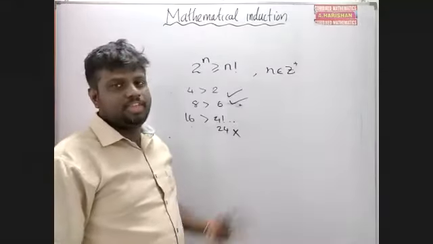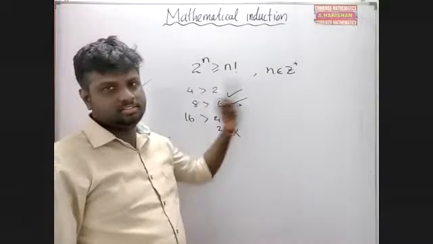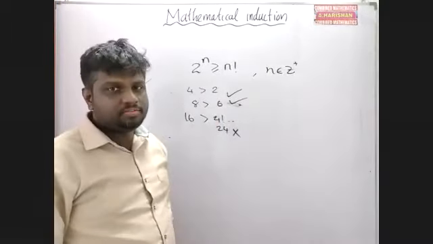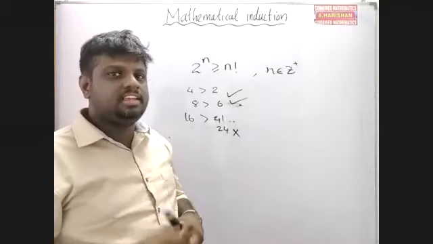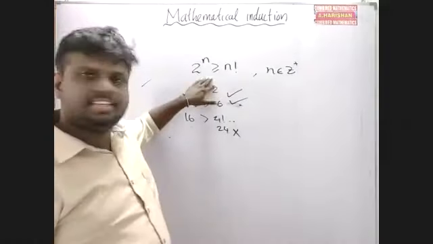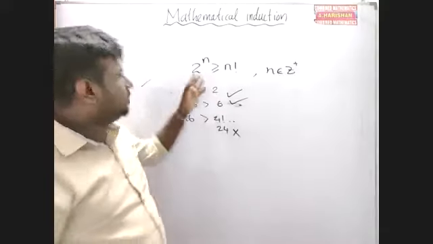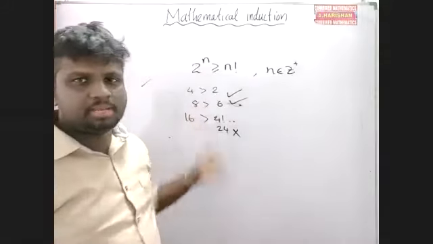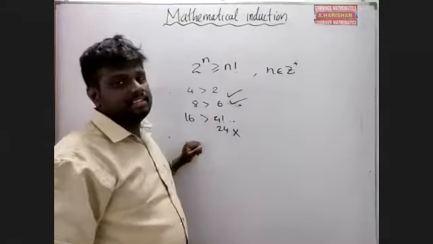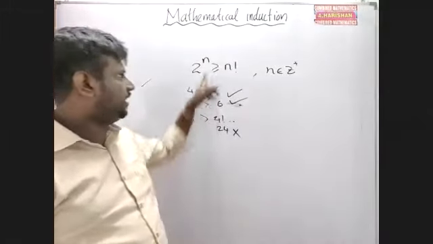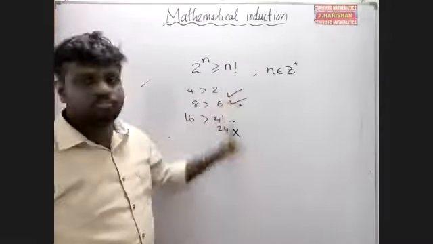If anyone comes up with any result, we have to verify whether it is true or not. That is challenging, because anyone can say something like that. I may believe it after checking the first 3 numbers, but it is wrong: when you put n equals 4, this is 16 and 4 factorial is 24.